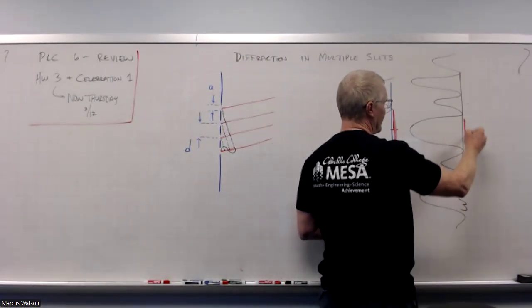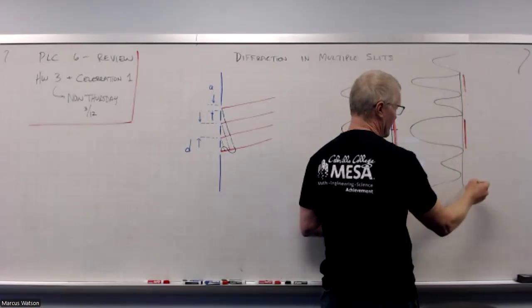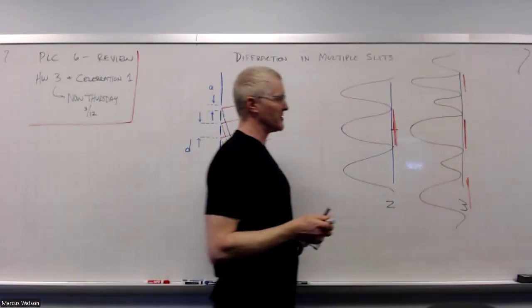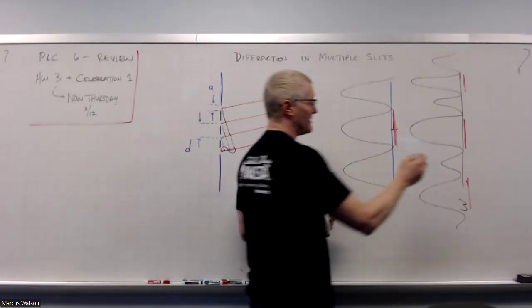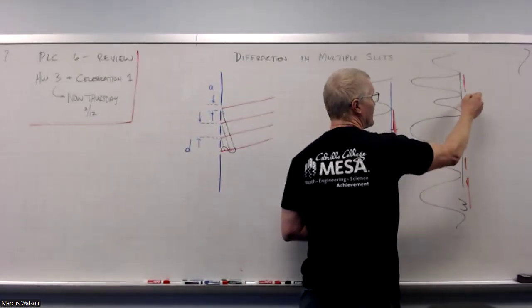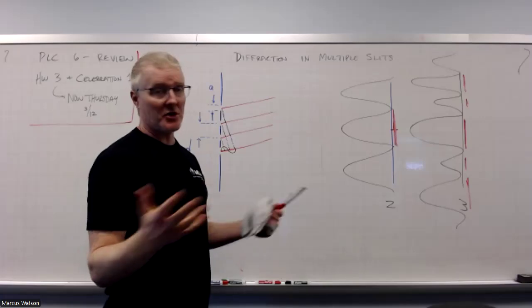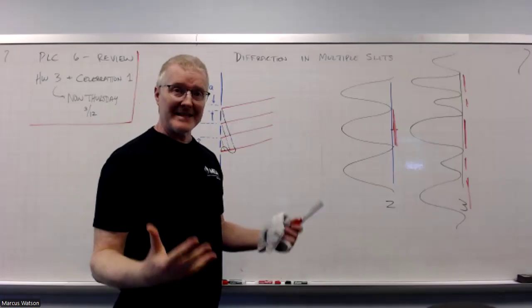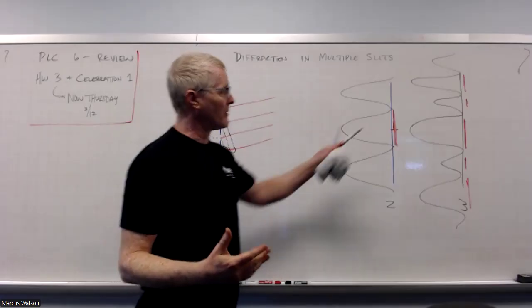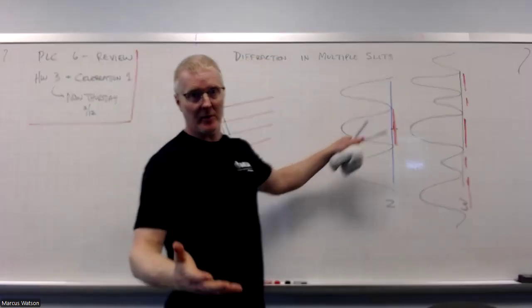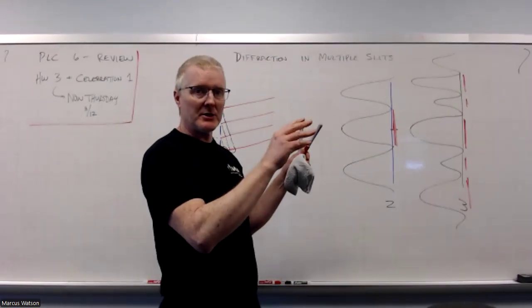And the sizes of these very bright fringes is starting to decrease, and the sizes of these intermediate fringes is also small to start with, but they are dimmer than the very bright ones. And so that pattern continues.